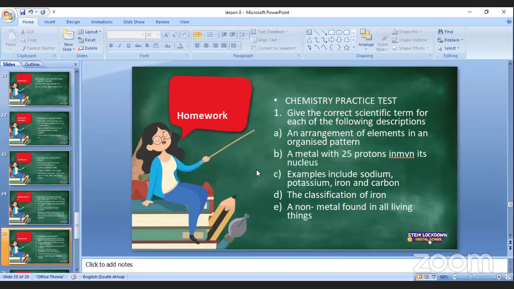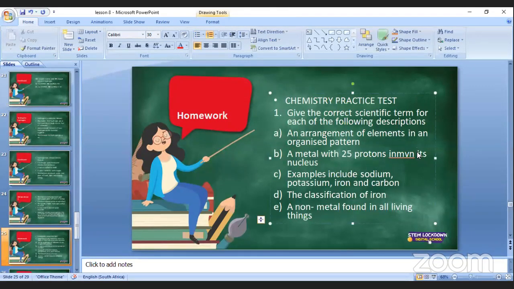Grade 9, here's your homework. Please write it fast before I log off. Here is your homework chemistry practice test. Give the correct scientific term for each of the following descriptions. A: an arrangement of elements in an organized pattern. What do we call that? A metal with 25 protons in its nucleus.